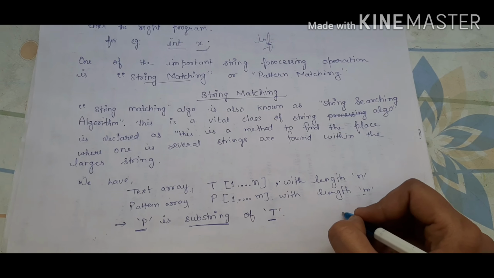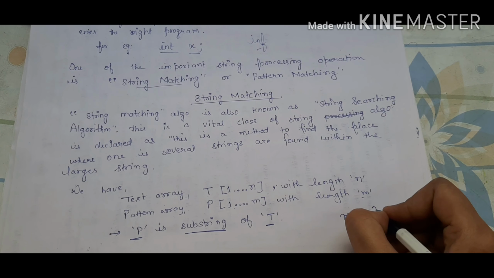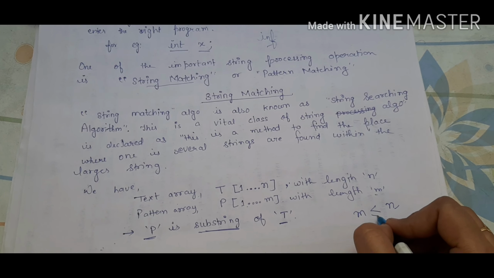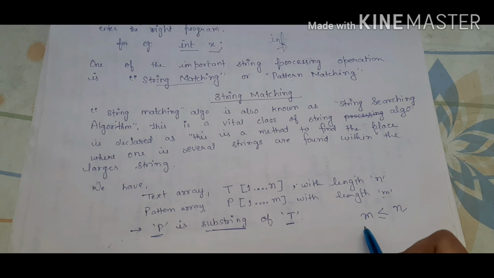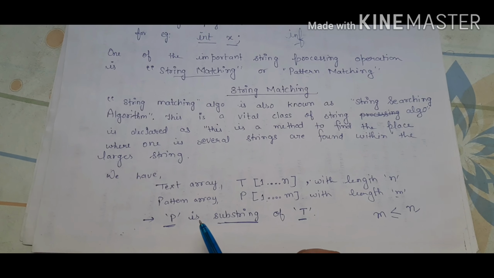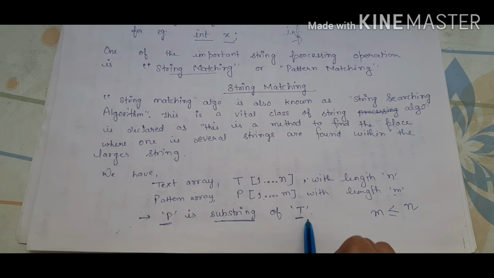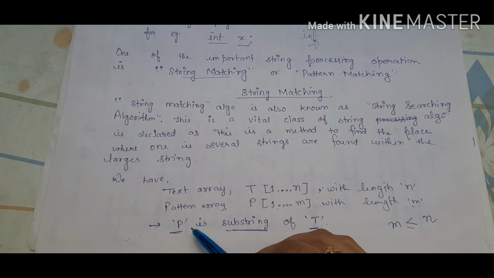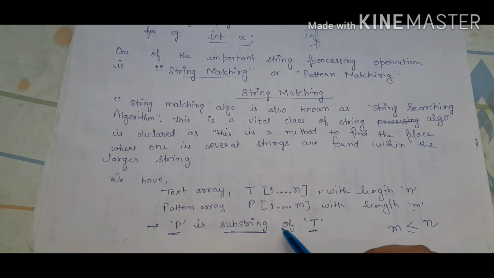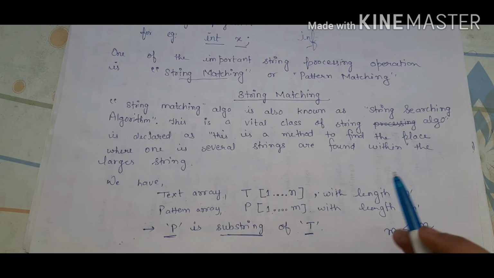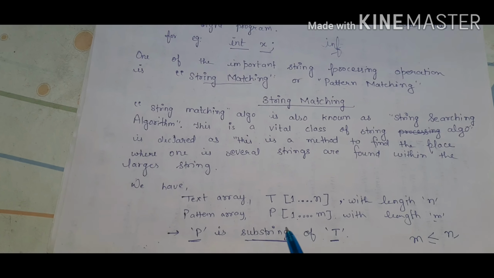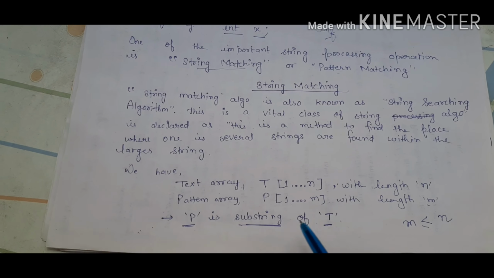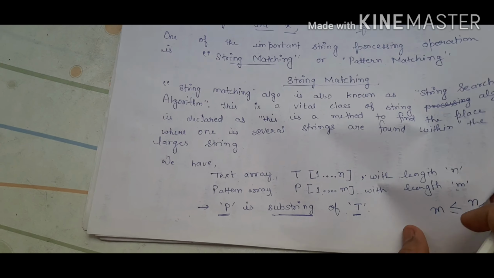But always remember that this m is always less than or equal to n, and p is a substring of t. P is a substring of t, means p exists inside the string t. So we have to find the pattern p, or substring p, inside the text t.